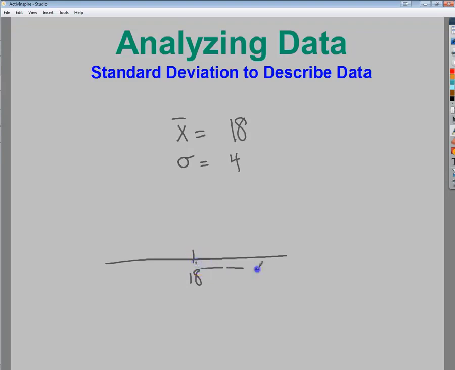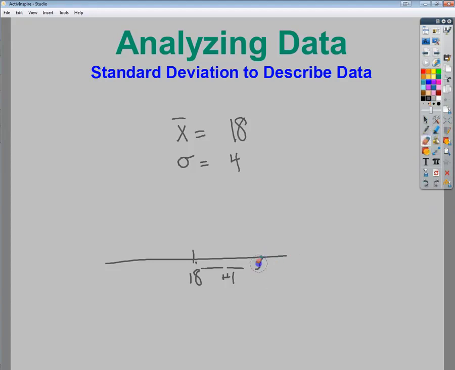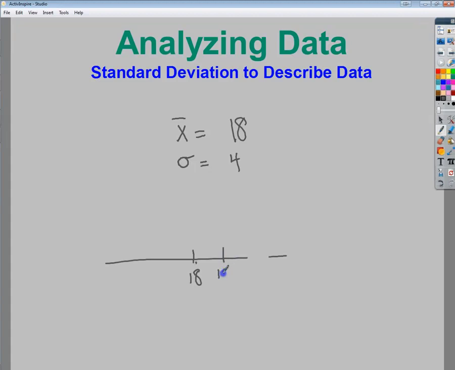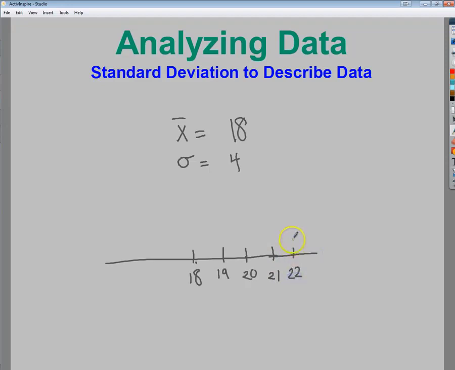So if I have my setup numbers, 19, 20, 21, 22. Here's my standard deviation away from where it happens to be. That'd be 1 standard deviation above. And then here, 23, 24, 25, 26.